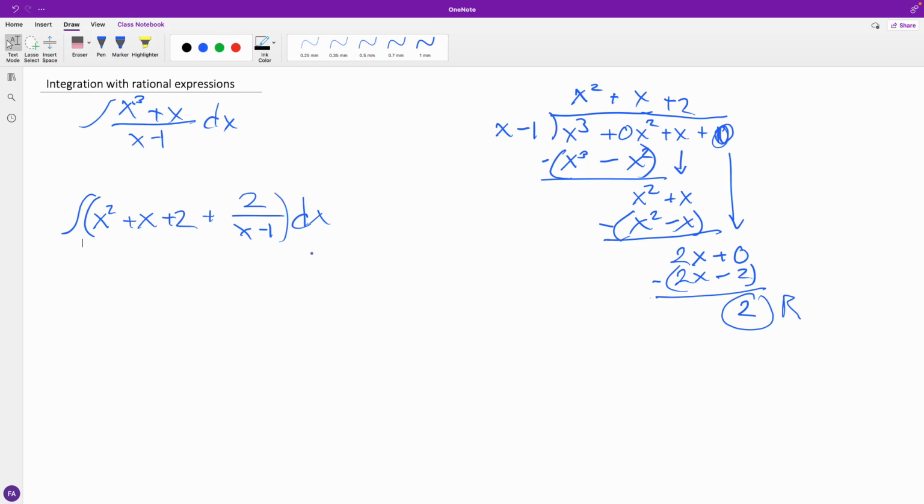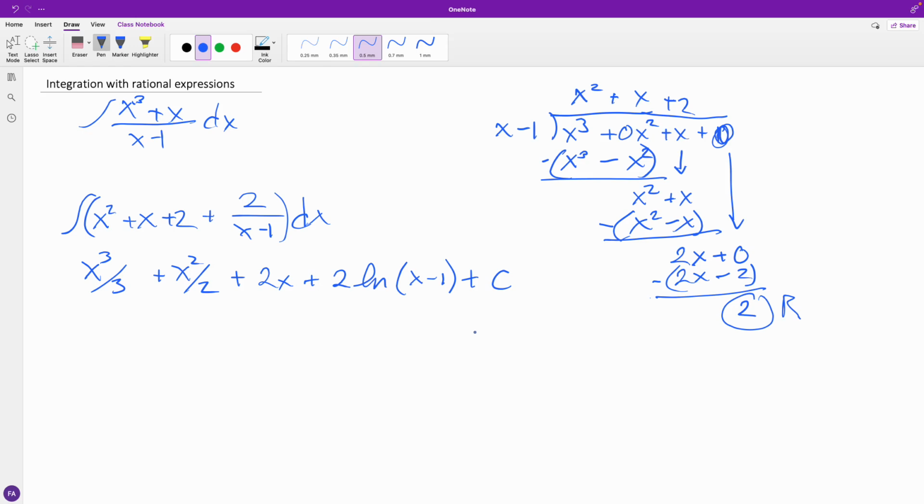This gives me a much simpler and cleaner way to do that integration. So the integration of x squared is x cubed over 3. Integration of x is x squared over 2. Integration of 2 is 2x. And the integration of 2 over x minus 1 is 2 ln of x minus 1. And then the whole thing plus c.